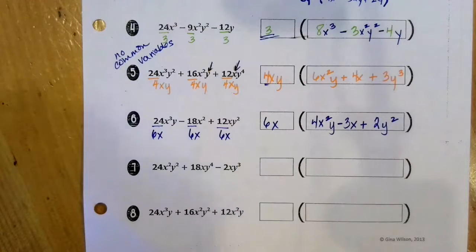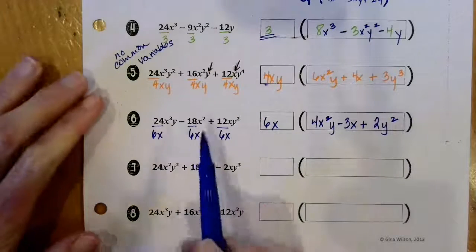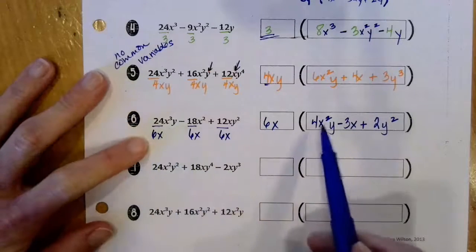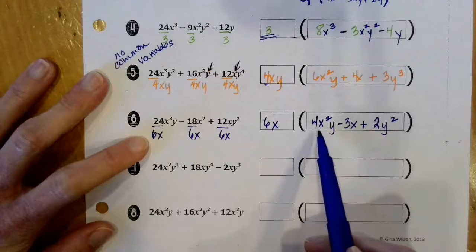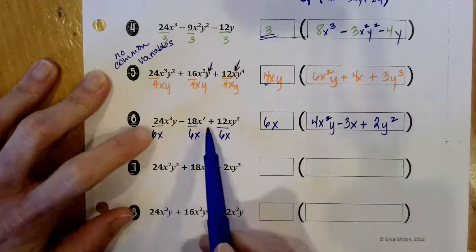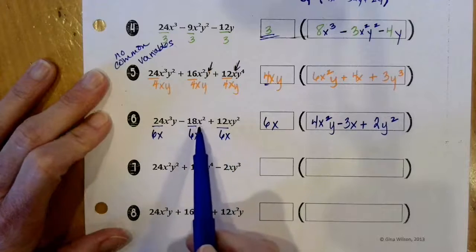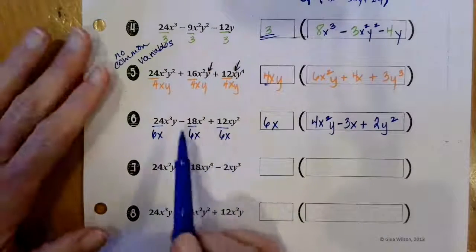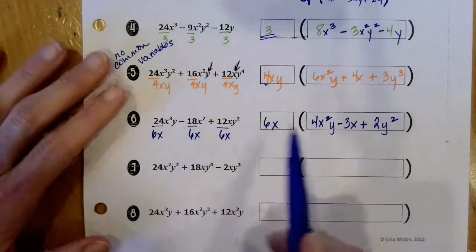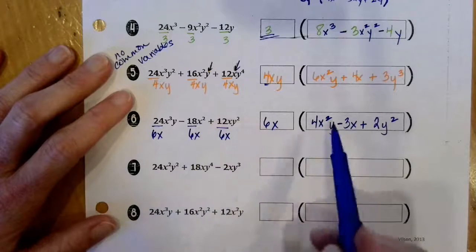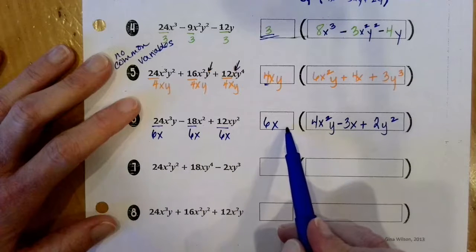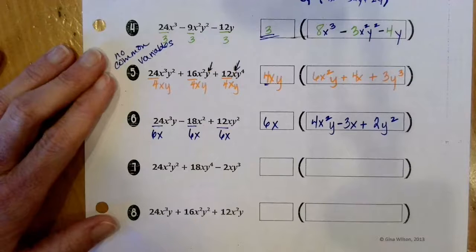All right, so I was able to take a 6x out, and I was able to have 4x squared with my 1y. This guy didn't have a y, so it wasn't common. If a variable is common, that means that every term has it. This guy has no y's, so I couldn't divide out a y from each term.